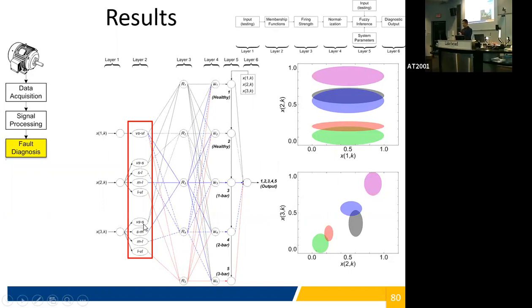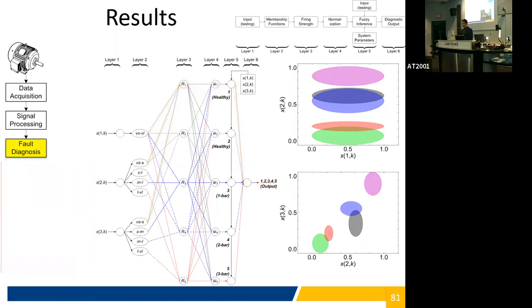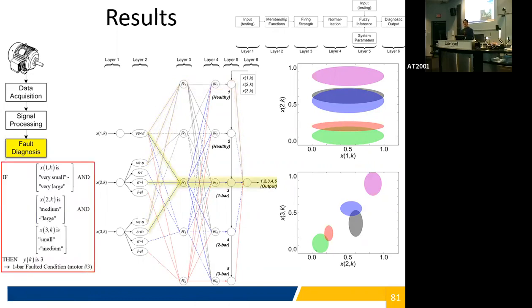Based on this, we can do diagnostics. For example, this is a healthy condition, and it follows this path. Given a certain output, we know the reasons. We know which inputs cause these certain outputs, and then we have a very clear reason why the system output exists.